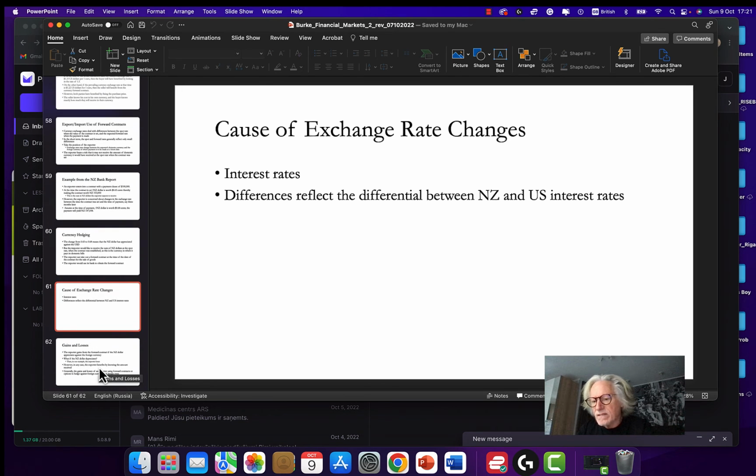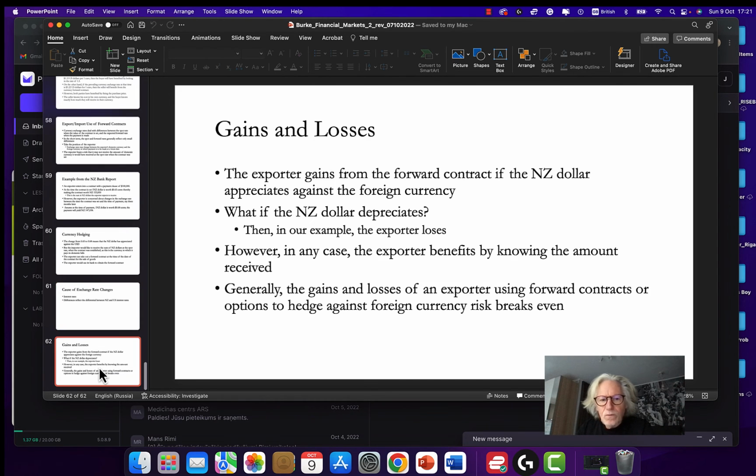As I said, the key to understanding these differences is that we use interest rates on different currencies. So, how do you gain and lose?